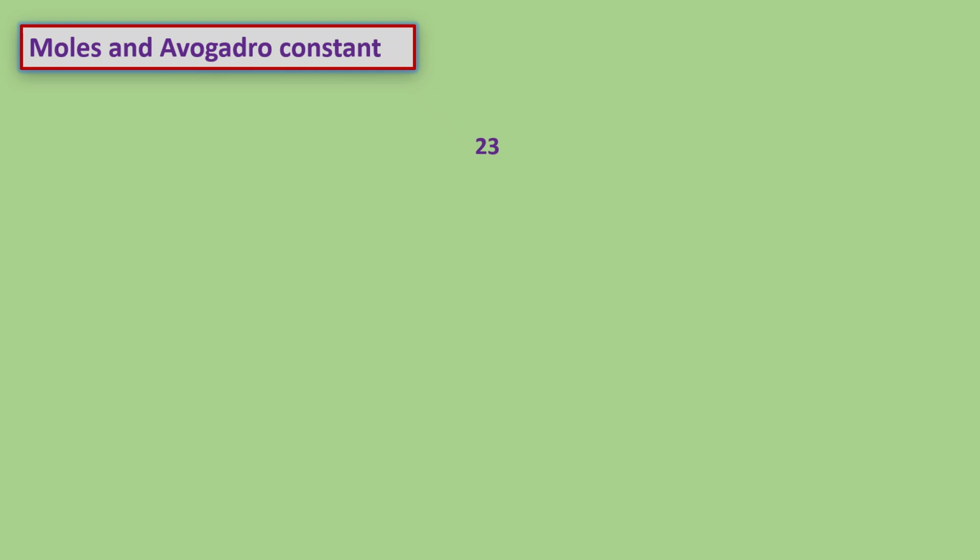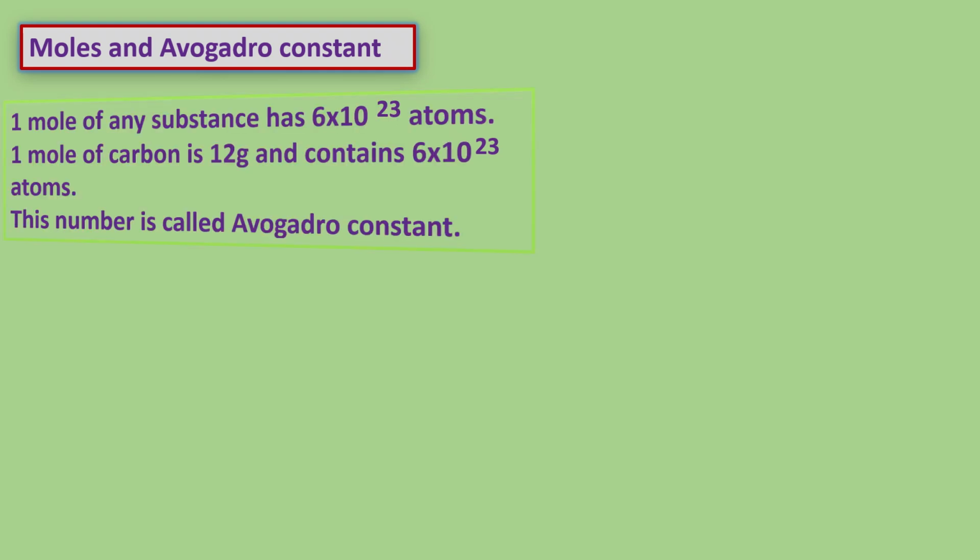Moles and Avogadro constant. 1 mole of any substance has 6 times 10 to the power 23 atoms. That's a large number. It means 6 and 23 zeros after it. 1 mole of carbon is 12 grams, and it contains 6 times 10 to the power 23 atoms.